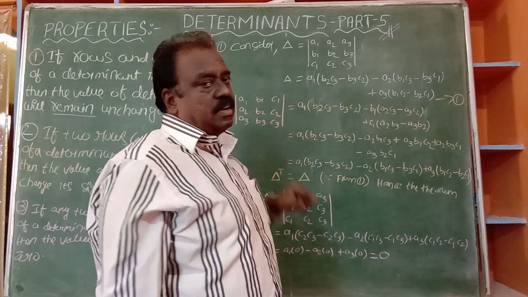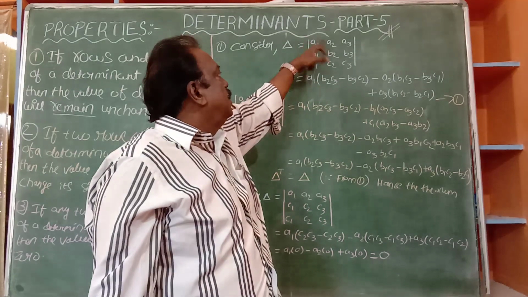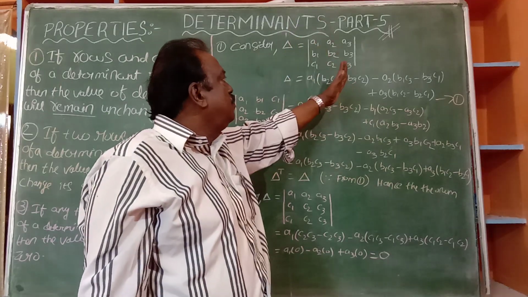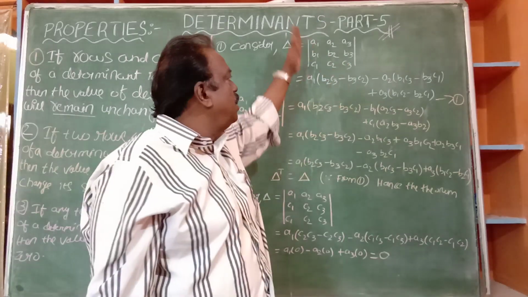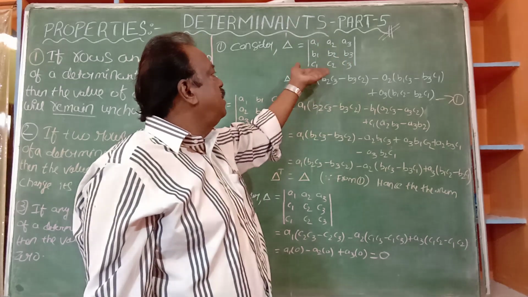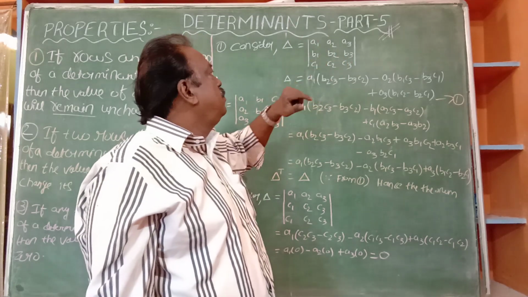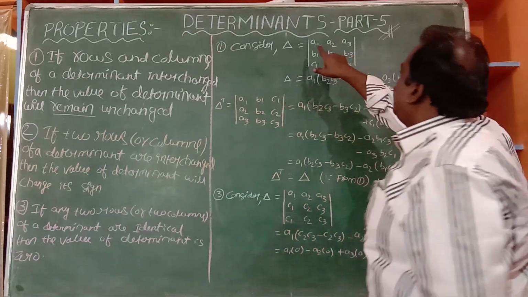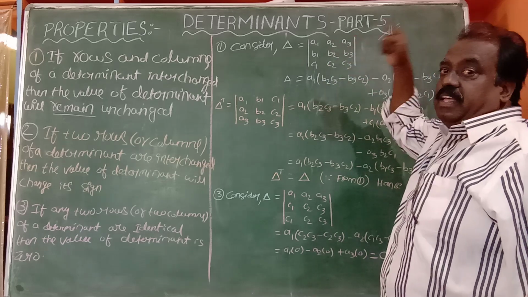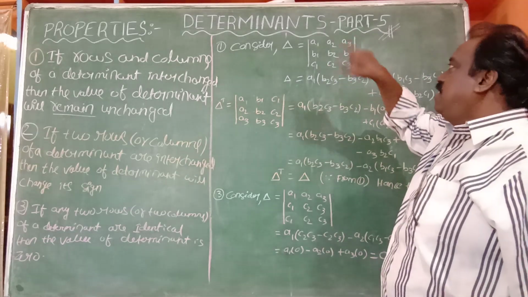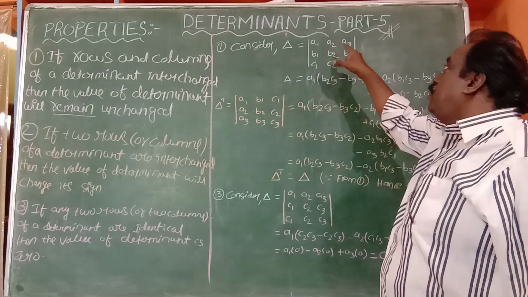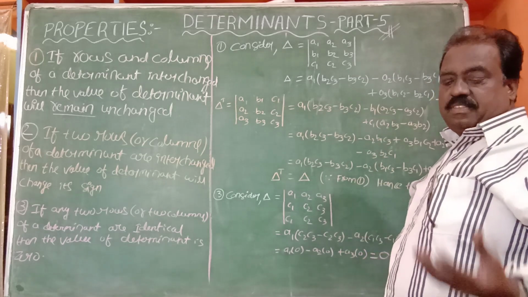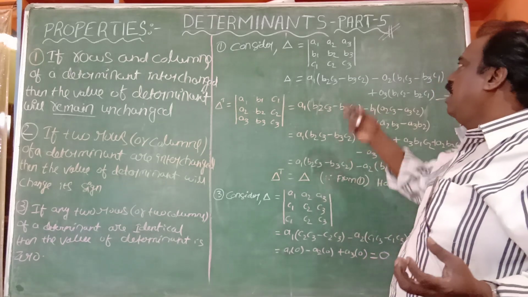Here vertical bars are there, not curved bars. If curved bars are there, it is a matrix. Only vertical lines are there, and that is the determinant notation. And here one more thing: here A1, A2, A3. In the general matrix it would be A11, A12, A13, but that is not needed here, in order to make the steps clear.